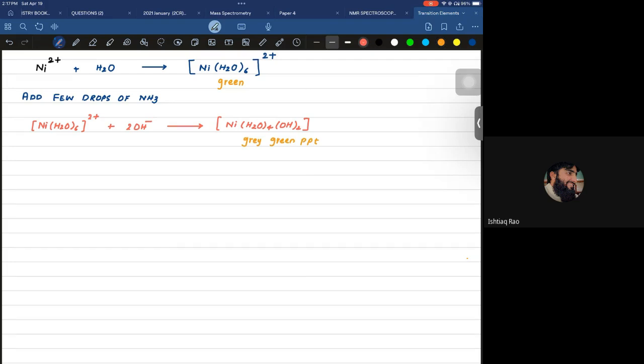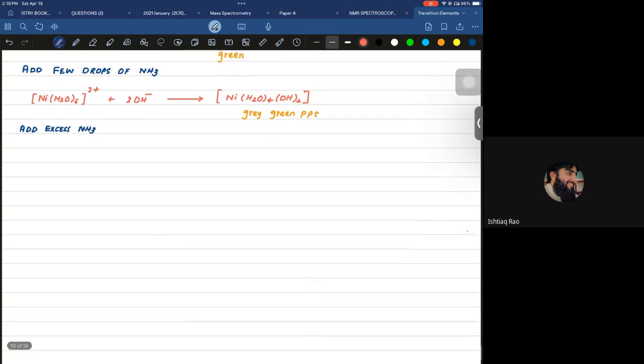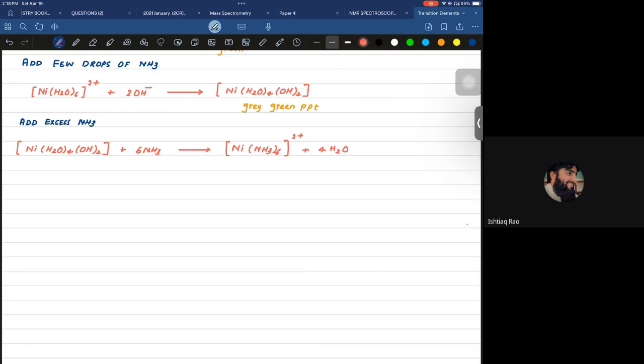Okay, then I'm adding excess ammonia. So what we would observe, adding excess ammonia: because this is the charge of nickel, and this is substituted by ammonia.